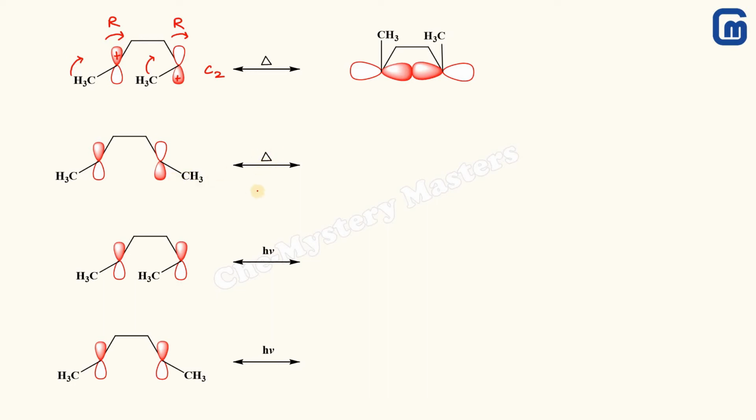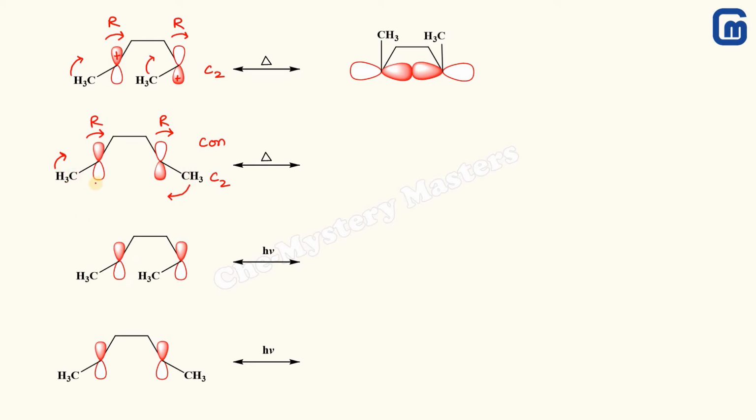We all know that in thermal condition the psi2 is our HOMO, where C2 symmetry is present in the molecule, and in C2 symmetry there is a requirement of conrotation so that both will be moving in the same direction. Along with them, the CH3 will also move. As it is moving towards our right hand side, this CH3 will go this side.